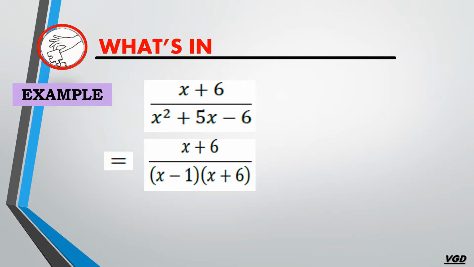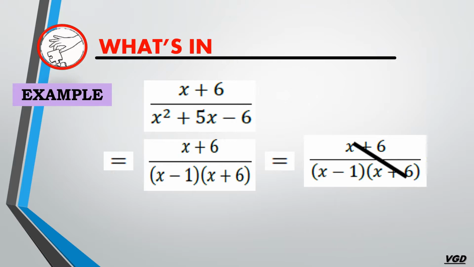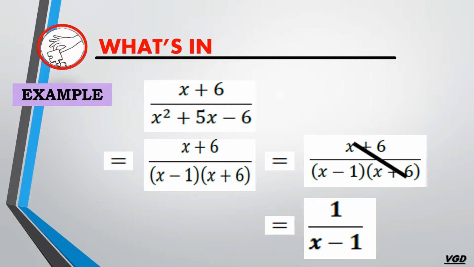So our new expression is (x + 6) over the quantity (x - 1) times the quantity (x + 6). Next, we cancel out the common factor in the numerator and denominator, which is x + 6. Therefore, the remaining factor is 1 over (x - 1). That is the simplified rational algebraic expression.